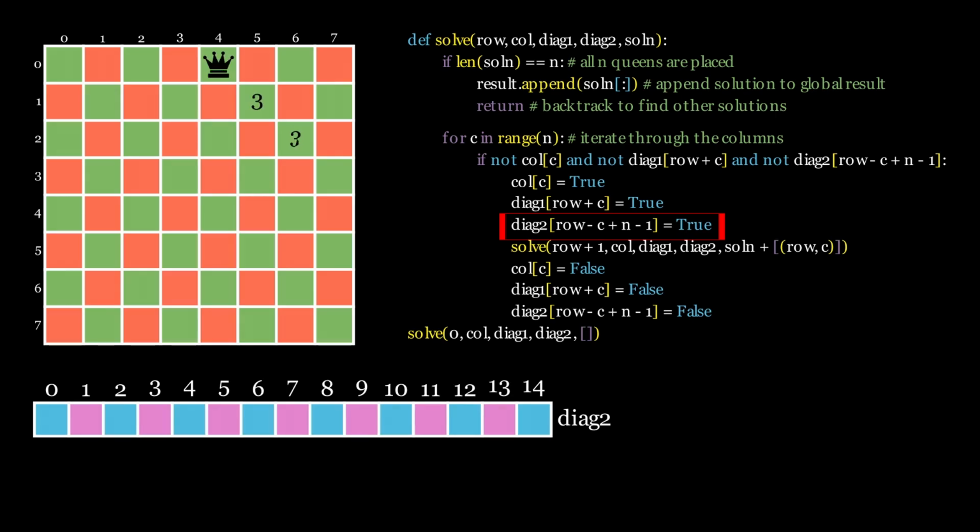We will mark the corresponding index of our diagonal 2 array as under attack using row minus column plus n minus 1 as the index.